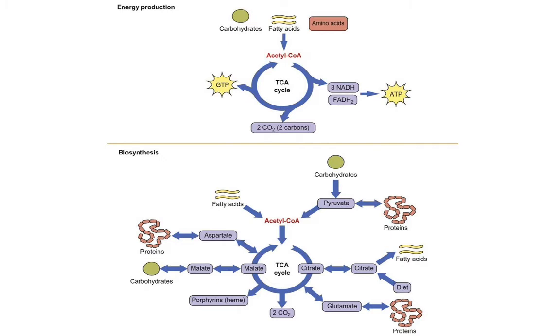And once we go around the cycle, we generate 3 molecules of NADH, a molecule of FADH2. These both feed into the electron transport system to generate ATP. And we also generate 1 GTP, and the result is the total oxidation of 2 carbons into carbon dioxide.